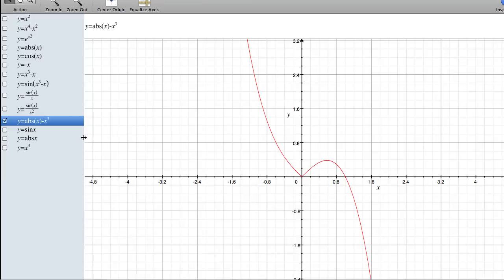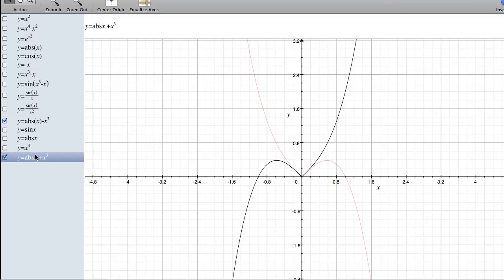Absolute value of x plus x cubed, new equation, okay, ABS x plus x cubed, plot it, and there it is right there. So this function right here is given as the sum of an even function plus an odd function. So that's an example. Okay, we can try doing some more examples in the classroom.